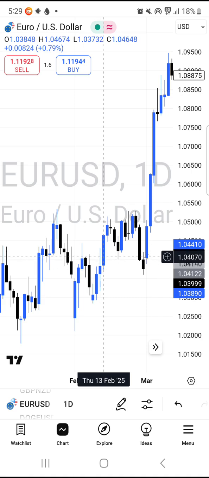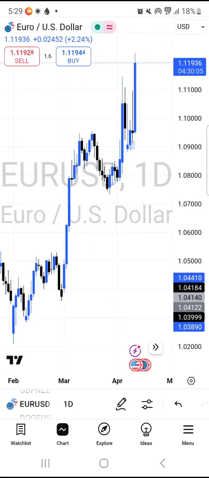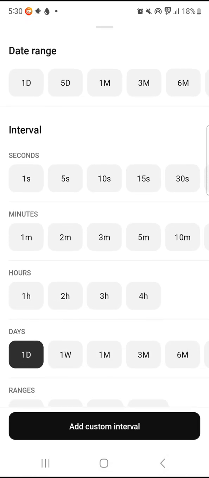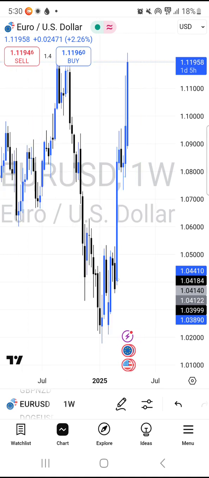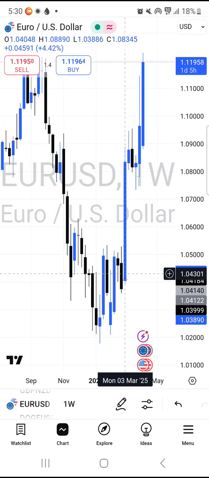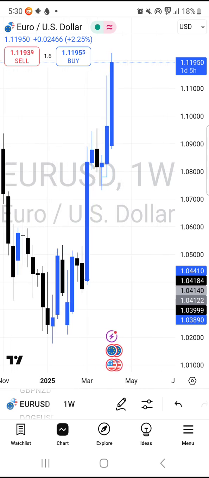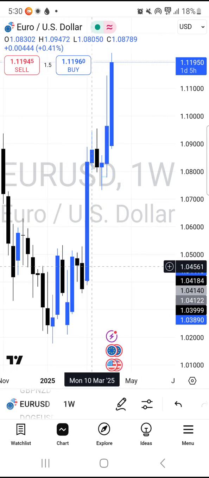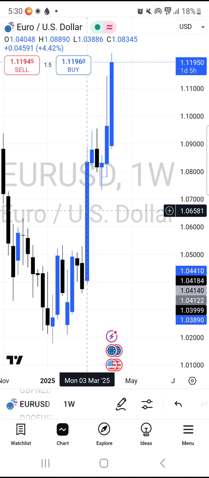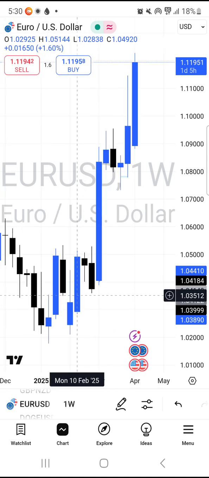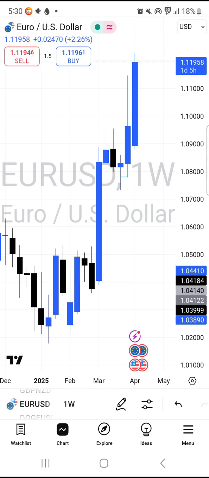Monday candle, Tuesday candle, Wednesday candle. Each candle here is 1 day candles. If you switch it to weekly, each candle here is 1 week candle. 1 week, 1 week, 1 week. So what happened the whole week is just printed inside 1 week.